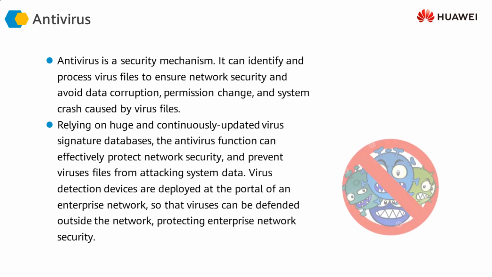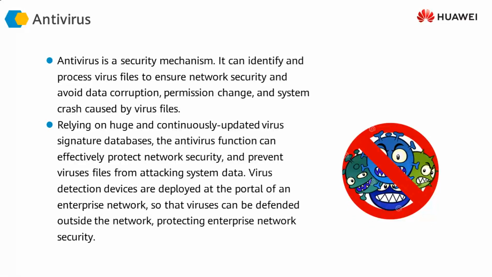Then comes antivirus. Antivirus is something which almost all of you are aware of. It's a very old and traditional technology, which means that you need to make sure that your virus signature database is updated and your network is protected from viruses, worms, and different types of Trojans.